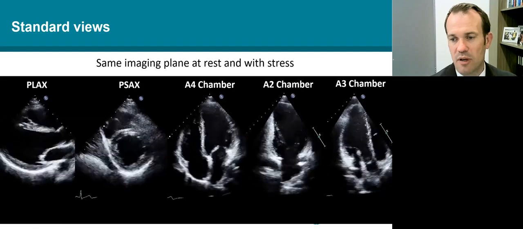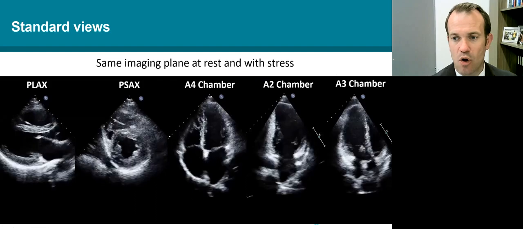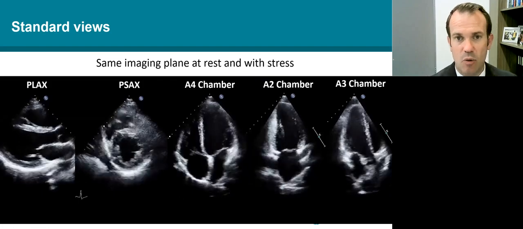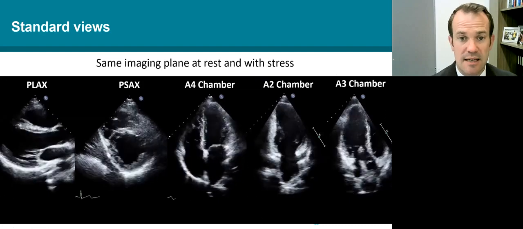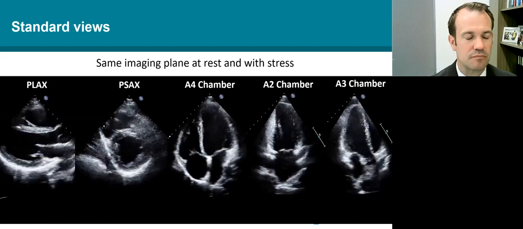Later and more frequently, we now also include the apical 3 chamber view, although the image in the apical 3 can sometimes be oblique and is less reliable, and so we just have to be a little bit more careful.